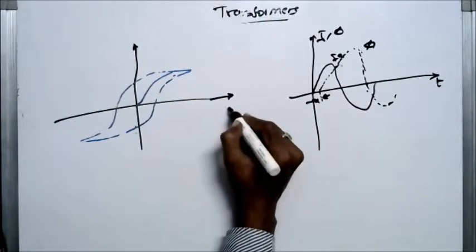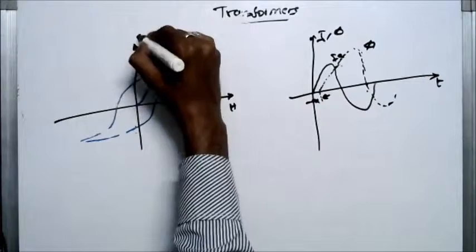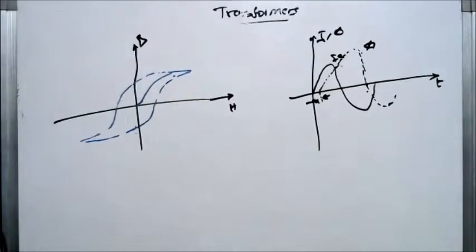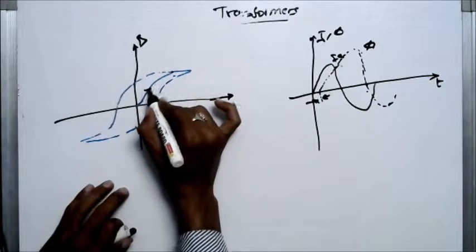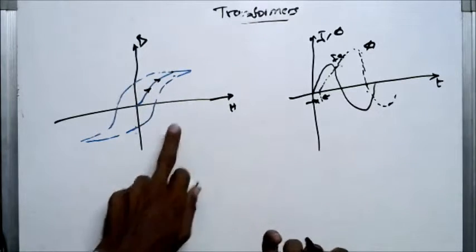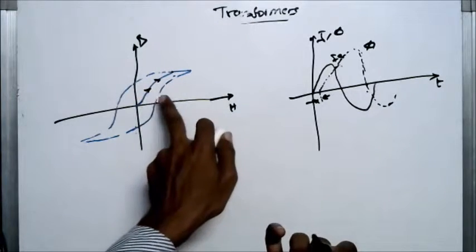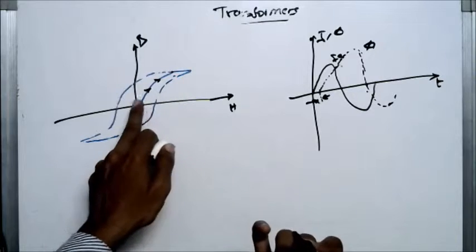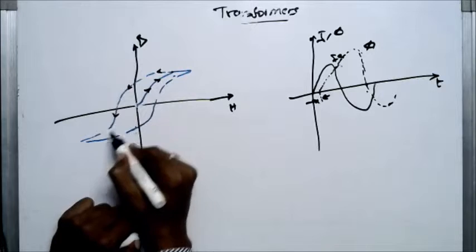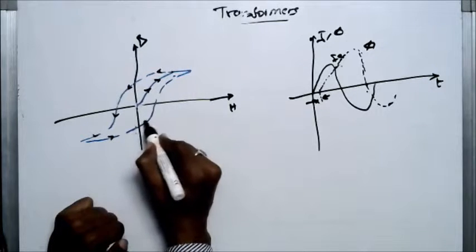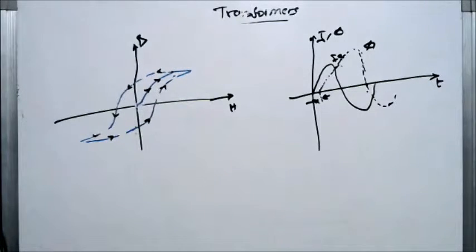This is H we will take normally, this is B we will take normally. This is the peak point. Initially the flux follows this path, and then it goes in this path. This is the hysteresis loop, of course.